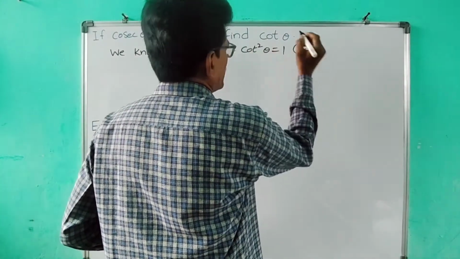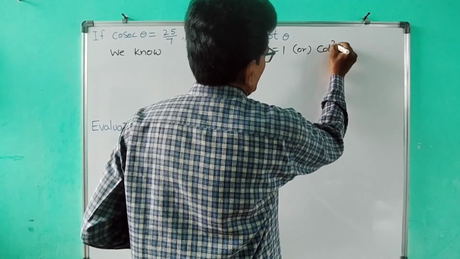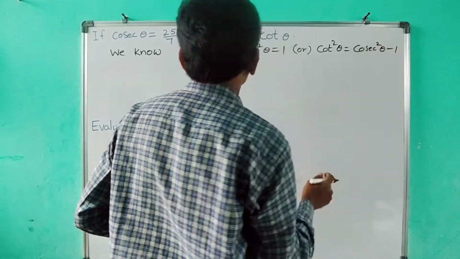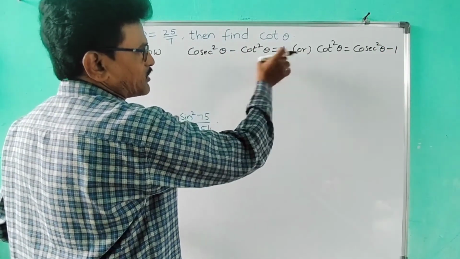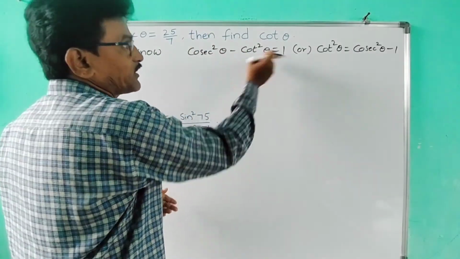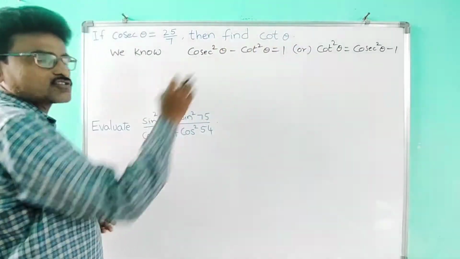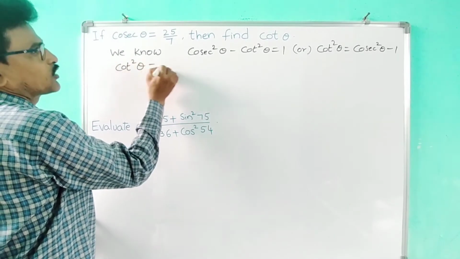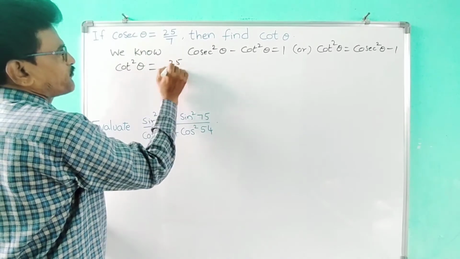Or we can write this one as cot square theta equals cosecant square theta minus 1. That is also an identity.